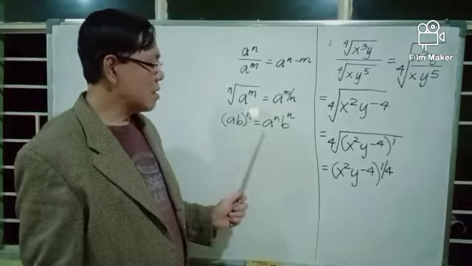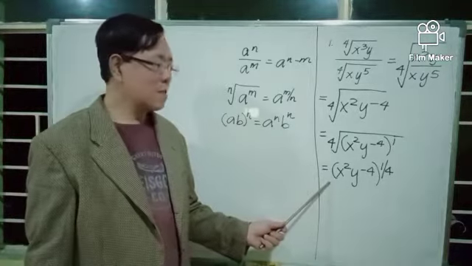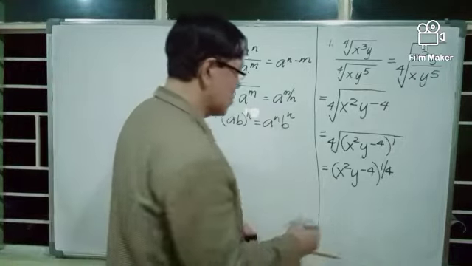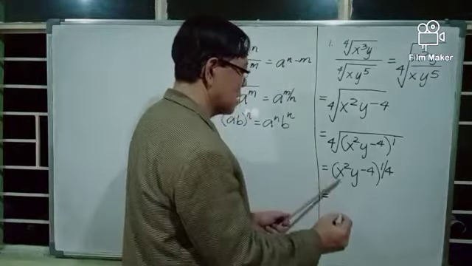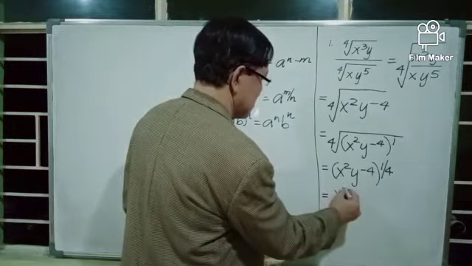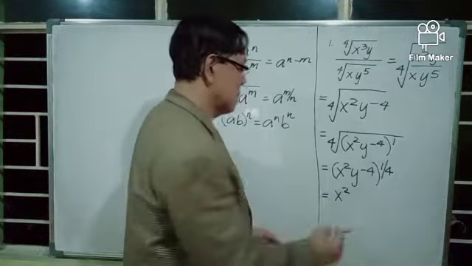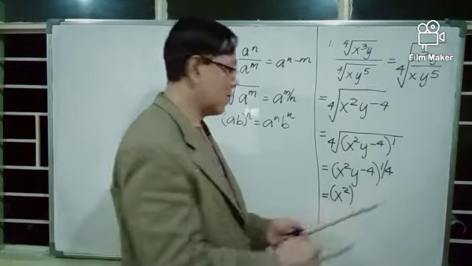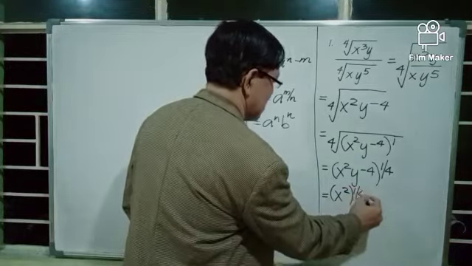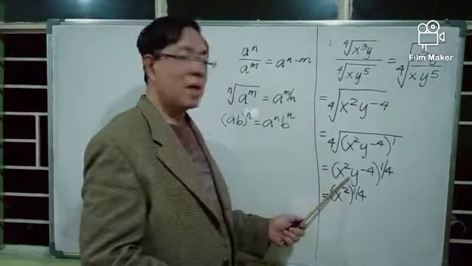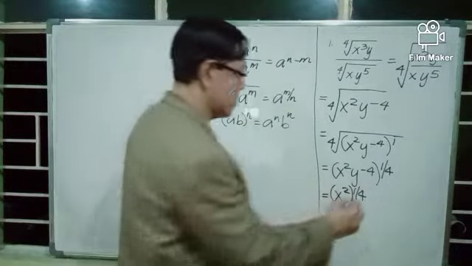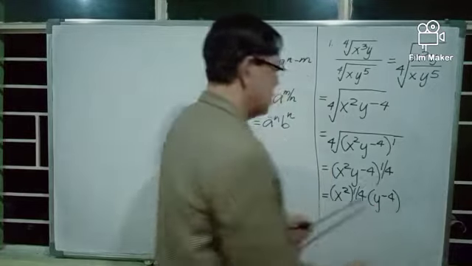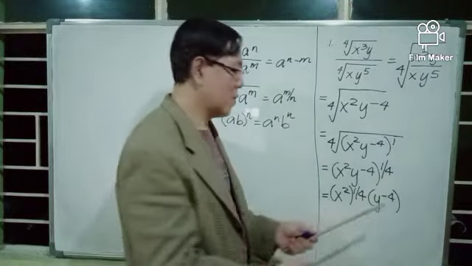And we apply this property to this exponential form. This is now equal to x squared raised to 1/4 multiplied by y to the negative 4 raised to 1/4.